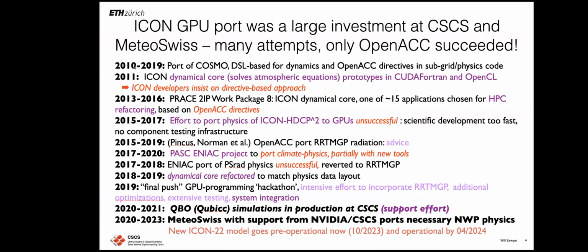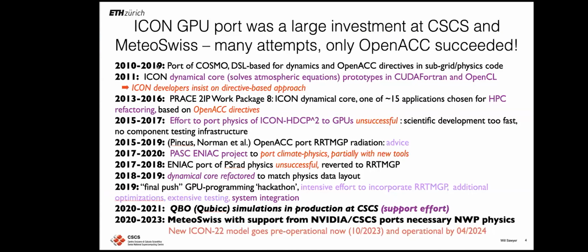And it then took a few more years to do all the things for the operational numerical weather forecasting. But since 2016, like I said, we are on GPUs, and we are now, when I say we go to ICON, the MeteoSwiss model, going into the 3rd generation of GPU implementation in 2024.